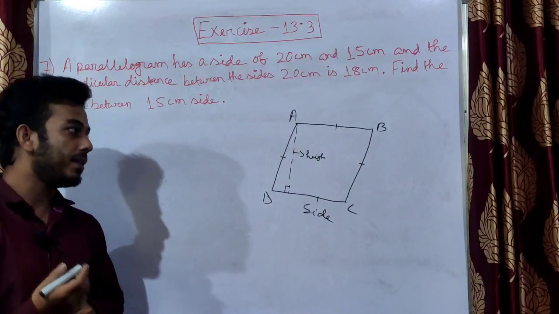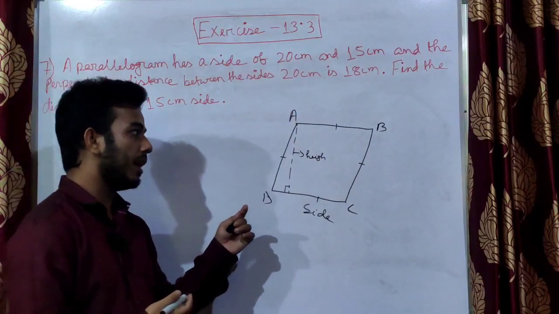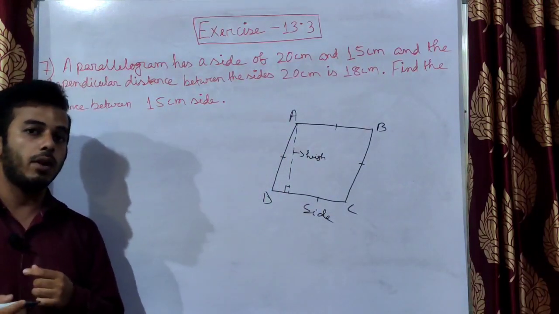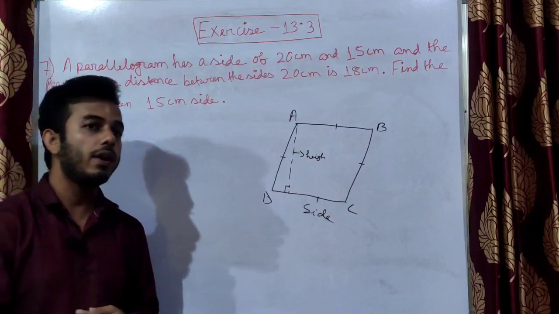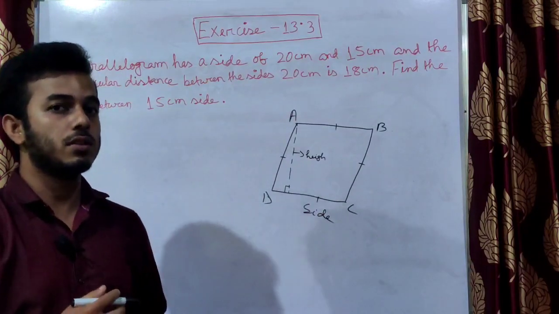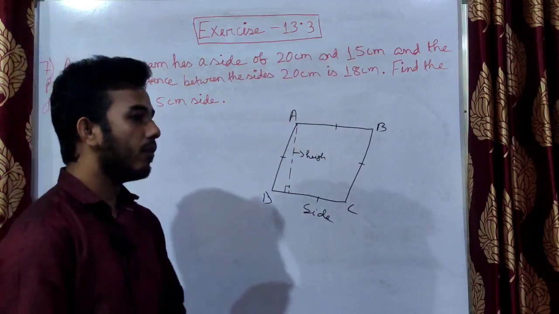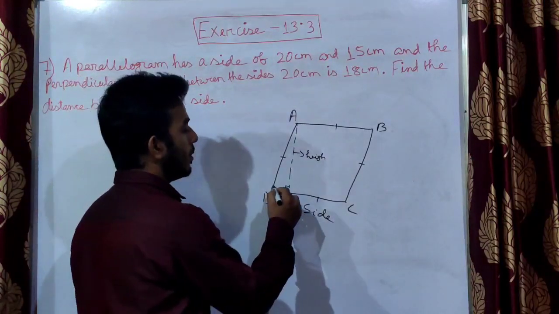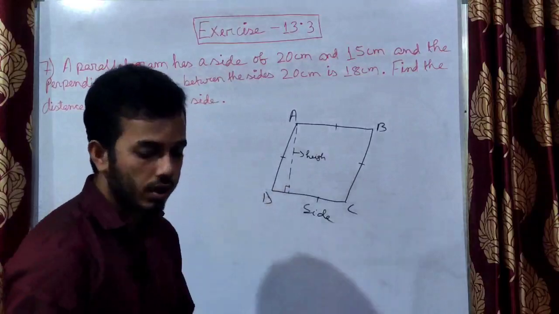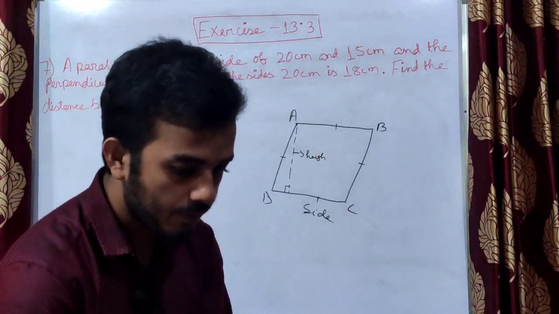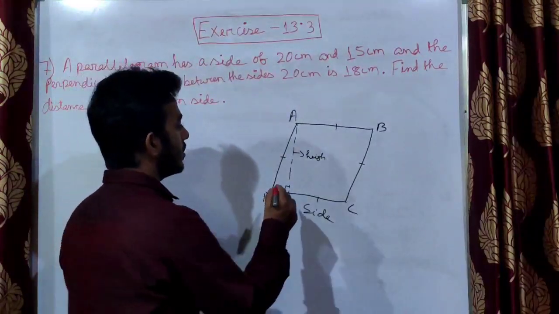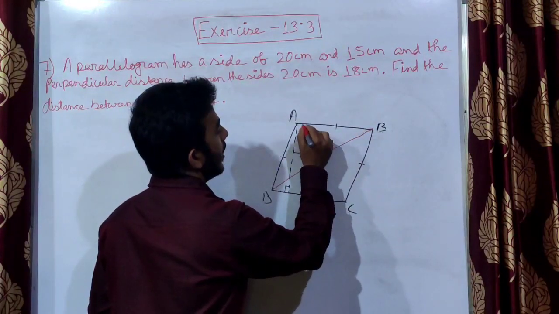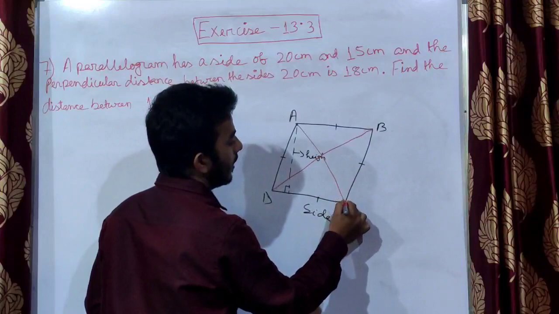Now if there is no side given and height is also not given, but there are diagonals in the question, can we find the area of the rhombus? Yes, we can also find the area of the rhombus in that case. Consider this as one diagonal and this as another diagonal.